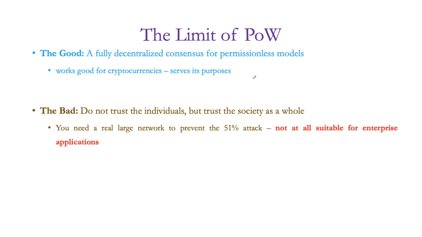But along with that, it has some cons also. That is, do not trust the individuals, because they can, as said, have multiple identities and act as malicious nodes. But trust the society as a whole, meaning you can trust the entire network, but you don't trust any individual.